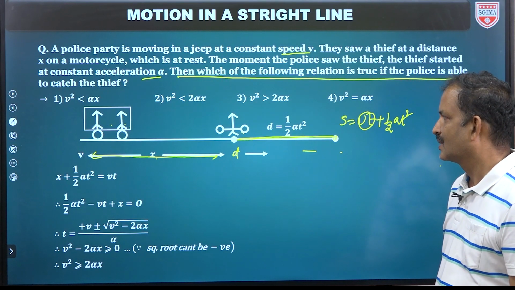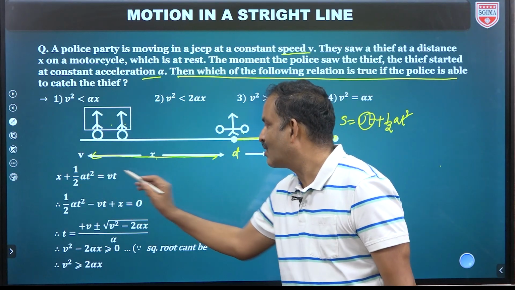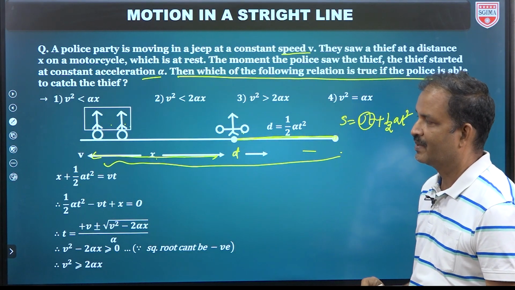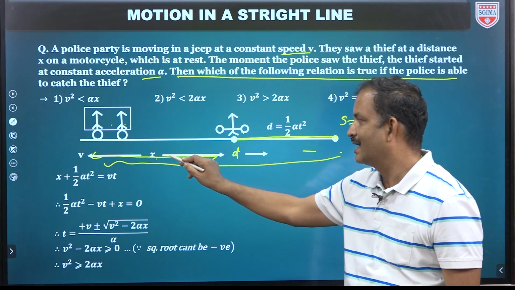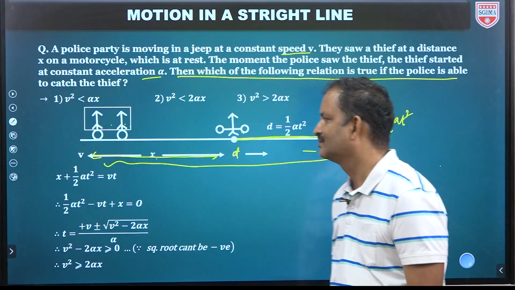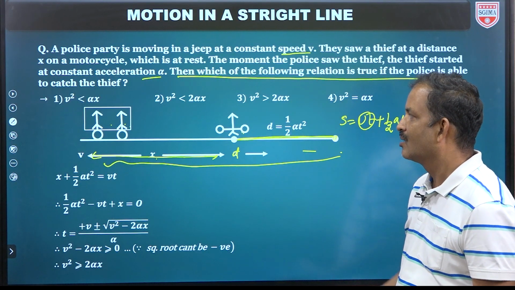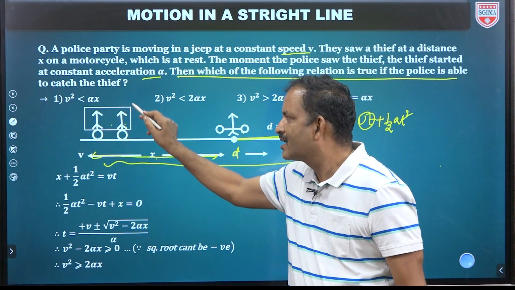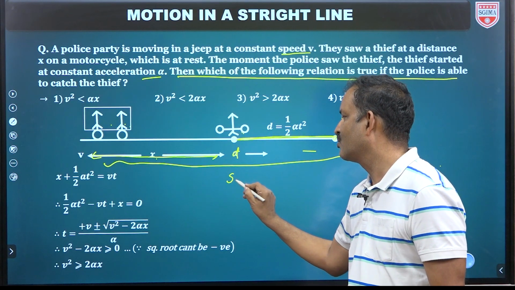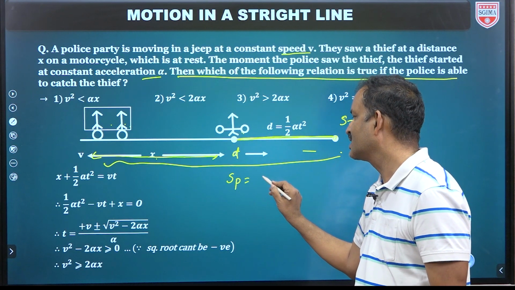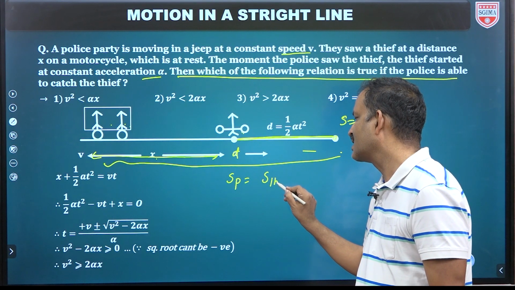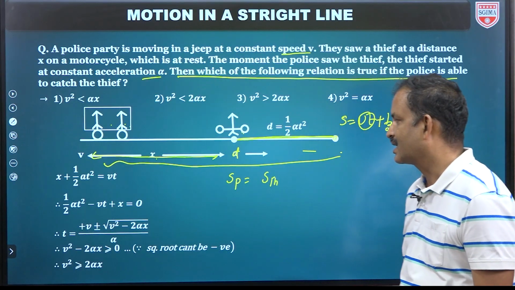Then x plus half at square. Total distance is what? The policeman should cover x plus half at square, that is, half alpha t square. But the policeman travels with uniform speed. So, the distance travelled by the policeman is equal to the distance of the thief after t seconds.